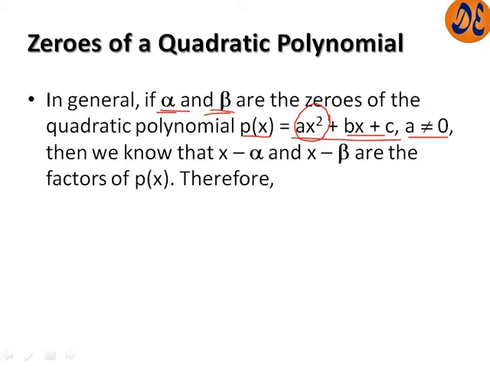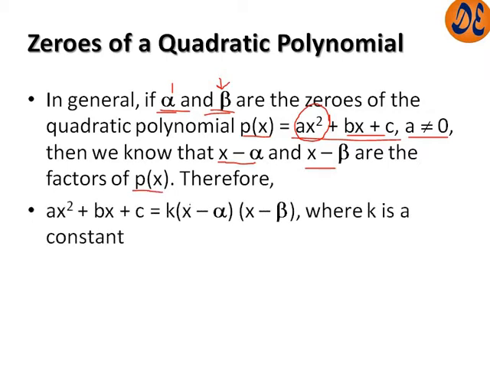Then we know from class 9 factor theorem that if alpha and beta are zeros of the polynomial, then there exist two factors, x minus alpha and x minus beta, for the polynomial p(x). Therefore we can say ax square plus bx plus c is equal to k multiplied by (x minus alpha) into (x minus beta), where alpha and beta are zeros of the polynomial.